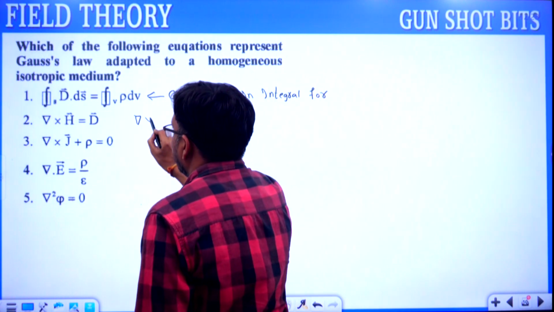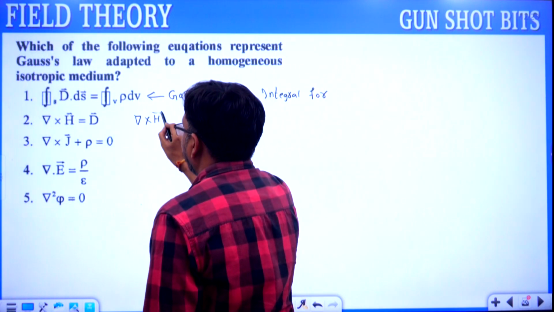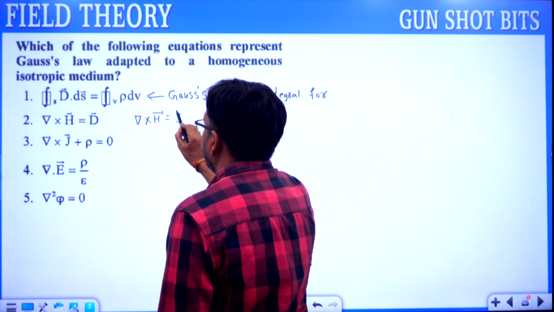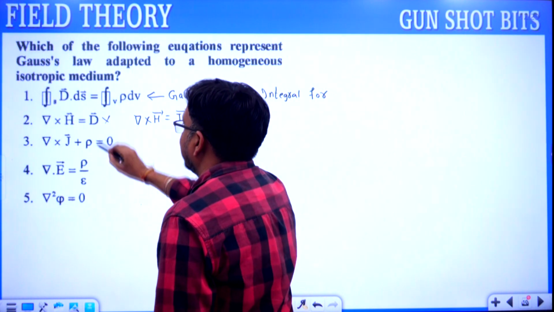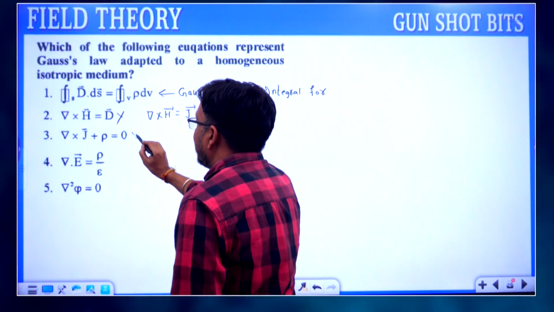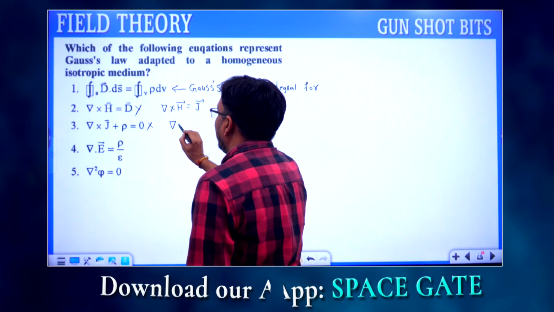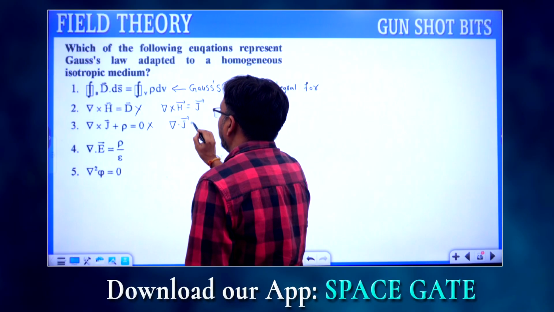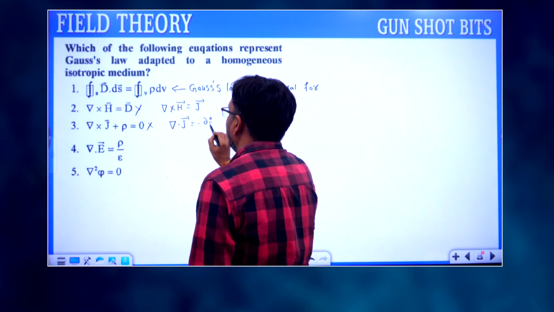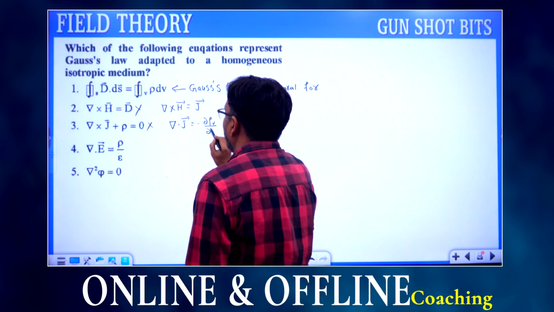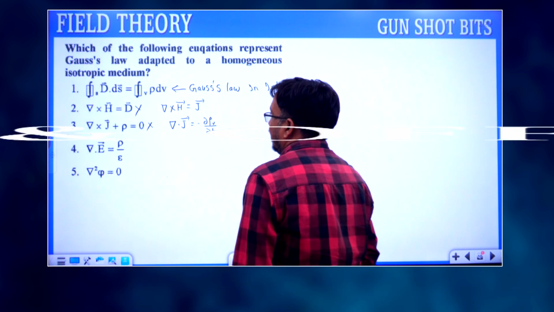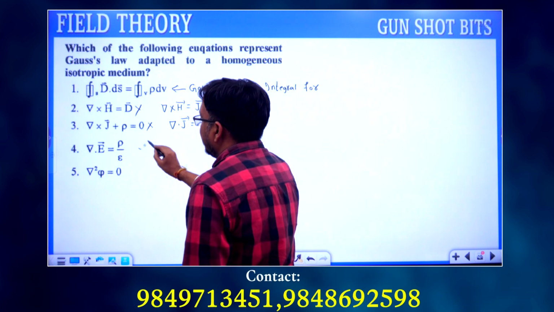Actual equation is curl H equal to J. So this equation is wrong. And the third equation is also wrong. Divergence of J is equal to minus dou rho v by dou t. There is no curl operation in this one.